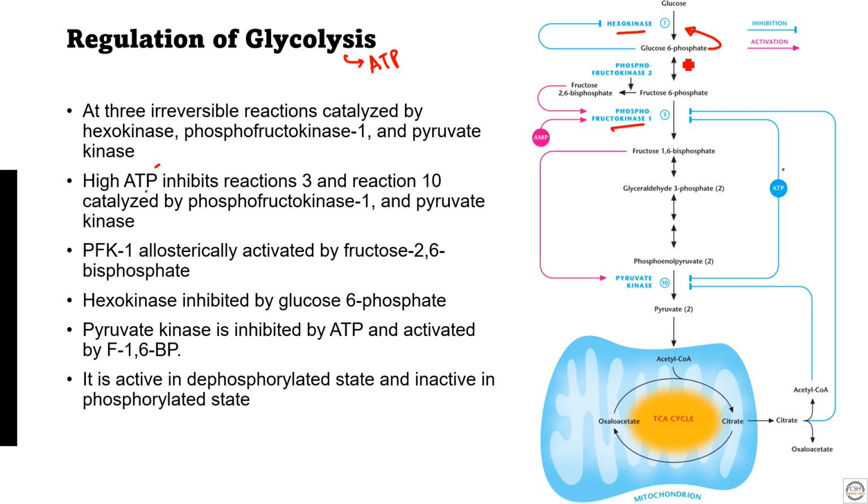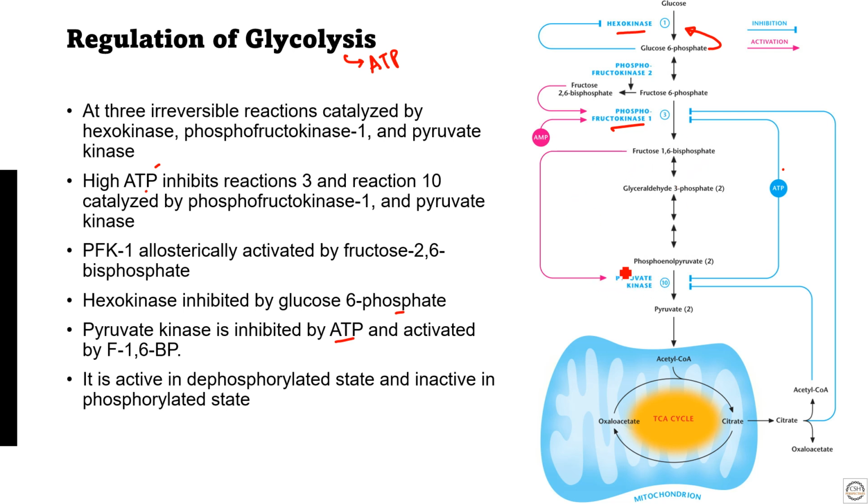It acts as a signal that can stop this pathway so that energy can be conserved, because if ATP is not required, then this pathway will not take place. So hexokinase is inhibited by glucose 6 phosphate, and pyruvate kinase is inhibited by ATP and activated by fructose 1,6 bisphosphate.